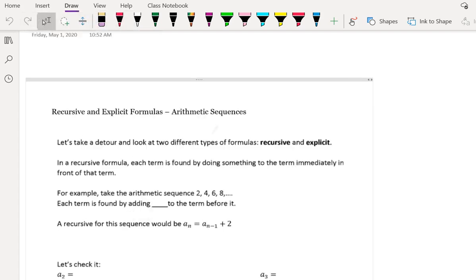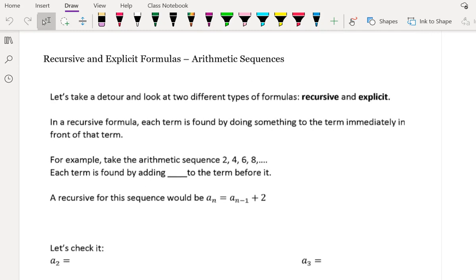Okay, so in a recursive formula, each term is found by doing something to the term immediately in front of that term. So for example, if we take an arithmetic sequence 2, 4, 6, 8, what is happening to each of those values as they are increasing?